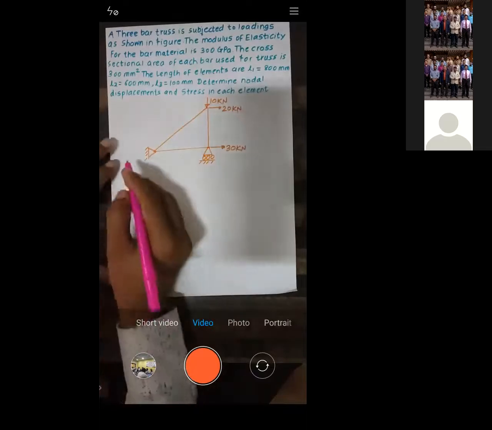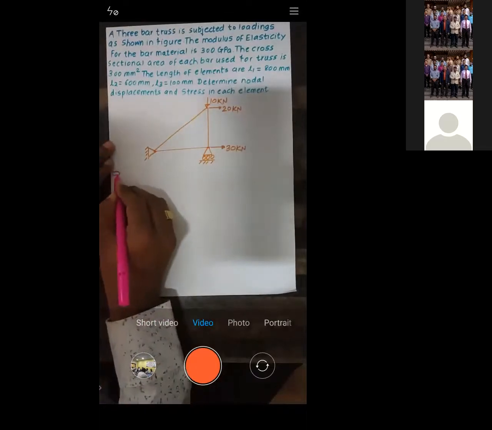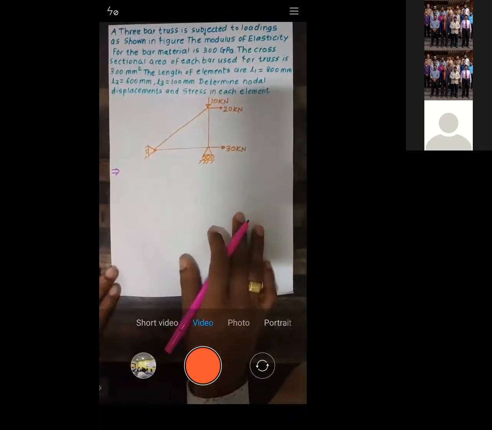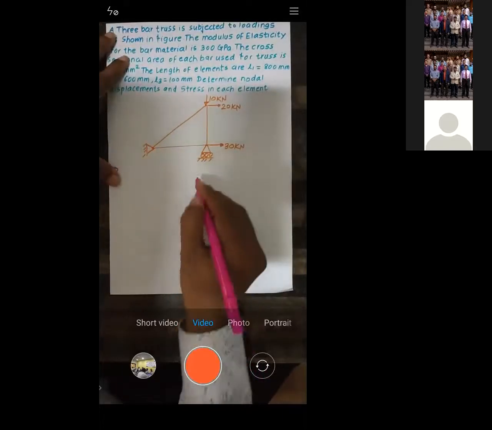In order to start with the problem, I will redraw this diagram.